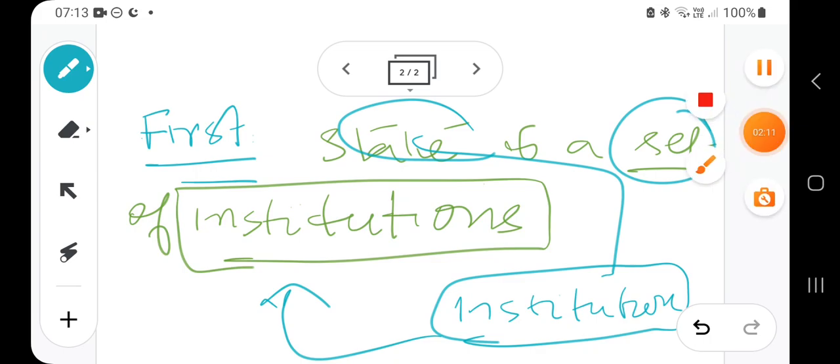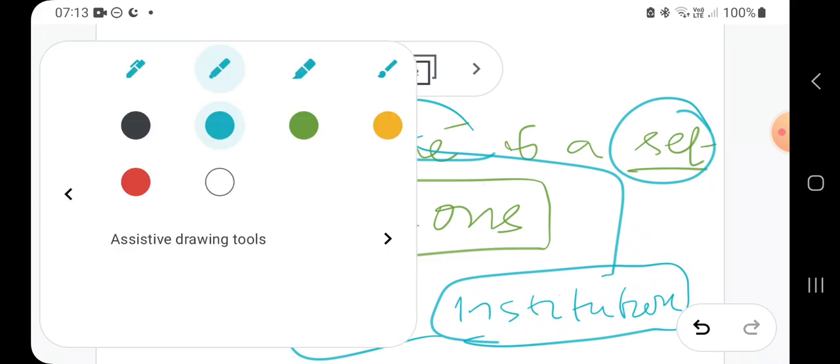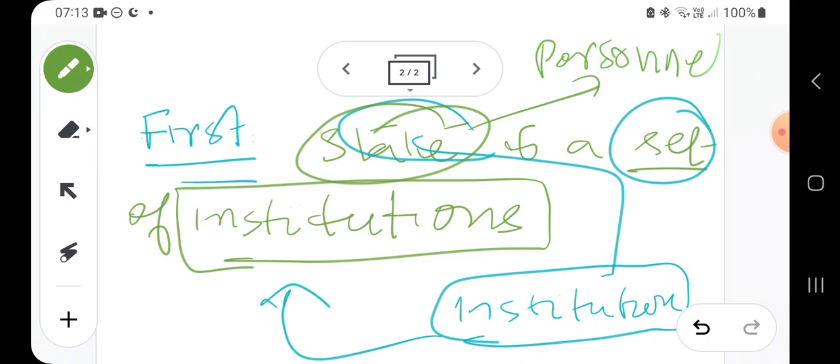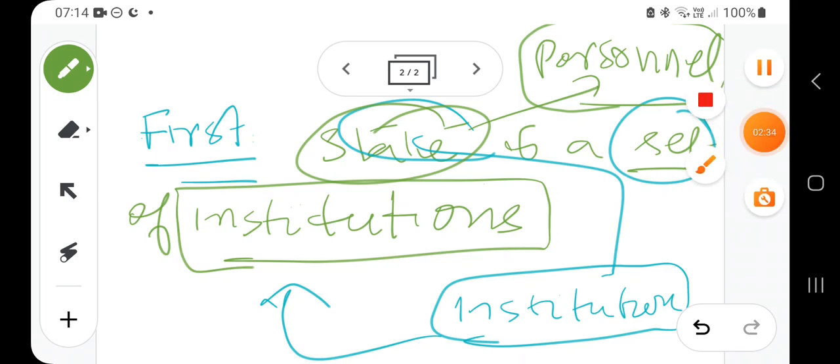So a state is an institution. It is constituted by a set of institutions, and these institutions are manned by its own personnel, the state's personnel. So it has institutions and it has personnel who run those institutions. So these are 2 important things.